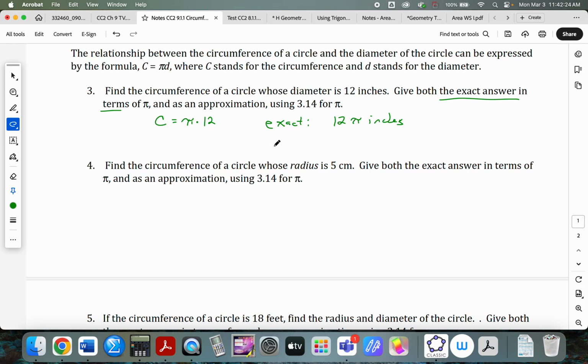That's the exact circumference. The approximate, we need to take 3.14 times 12. It would be 37.68 inches.